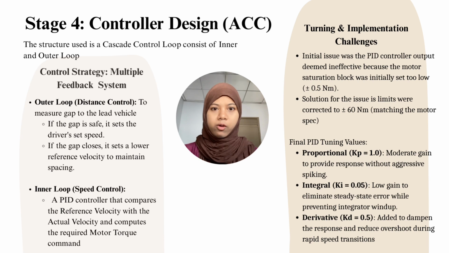In stage 4, we move to the controller design for the adaptive cruise control (ACC) system, employing a cascade control loop consisting of an inner loop and an outer loop. So the outer loop handles distance control, measuring the gap to the lead vehicle to adjust the driver's set speed or set a lower reference velocity to maintain spacing.